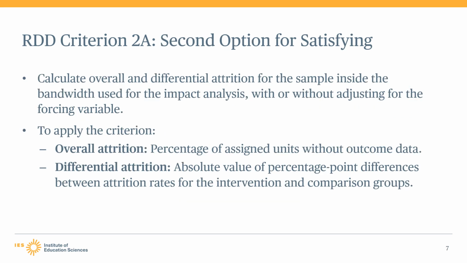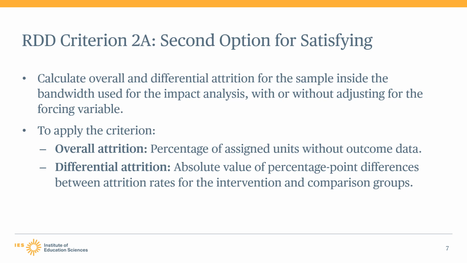The second approach that can be used to satisfy RDD Criterion 2A is if the researchers report overall and differential attrition for the sample inside the same bandwidth used for the impact analysis, with or without adjusting for the forcing variable.